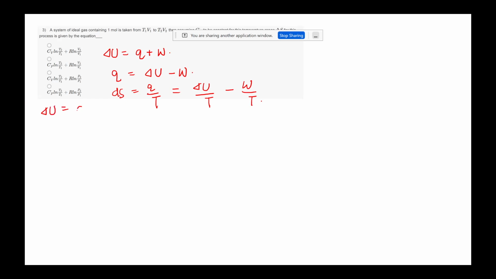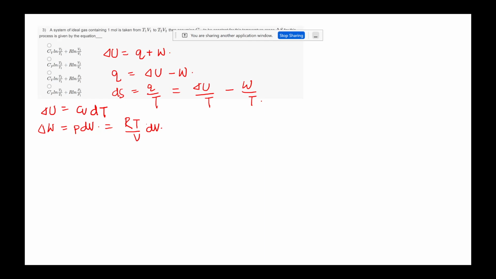This is Cv dT. What is W? dW is minus P dV. Simple, right? Now ideal gas means this will be RT by V dV. Right?